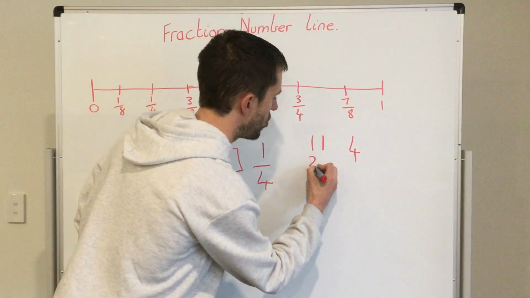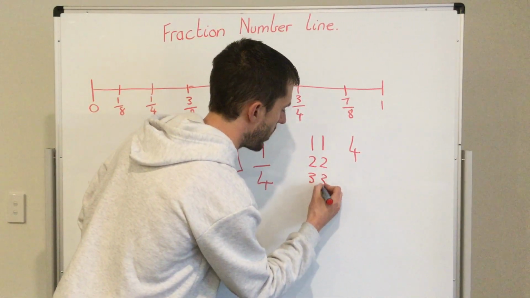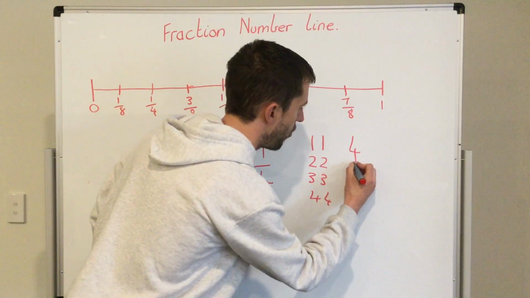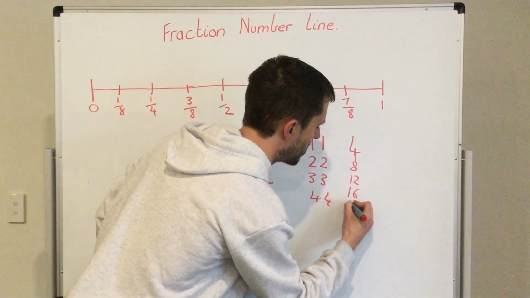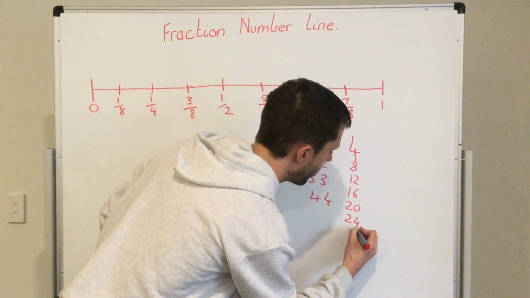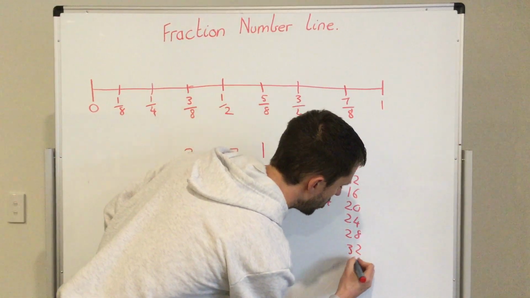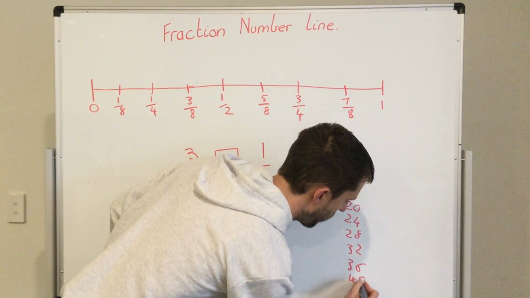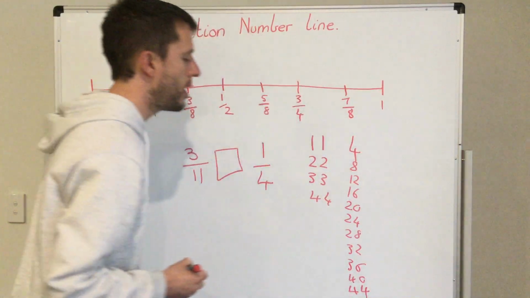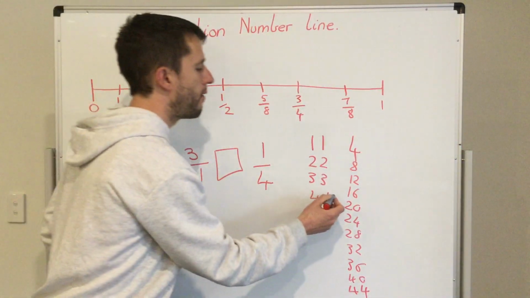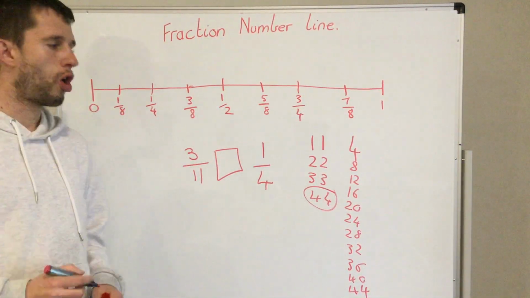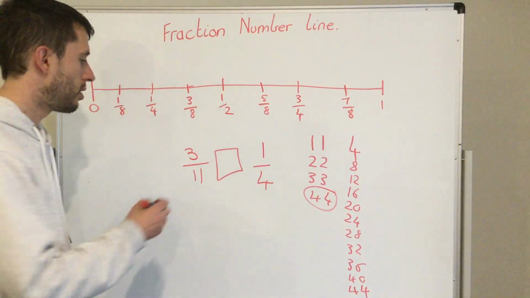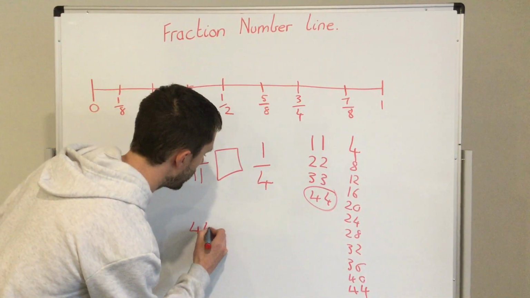So 11, 22, 33, 44, and 4, 8, 12, 16, 20, 24, 28, 32, 36, 40, and 44. So I know 44 is my lowest common multiple. So that means I know my denominators will be 44.